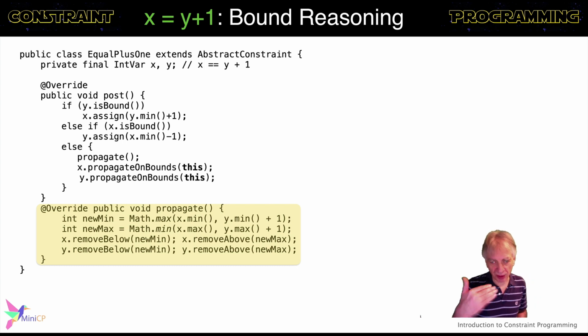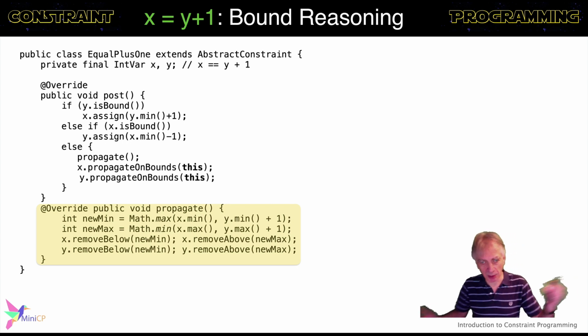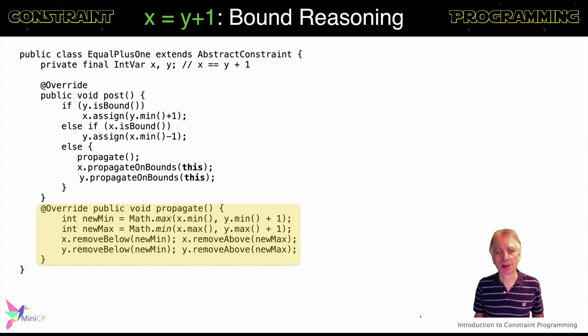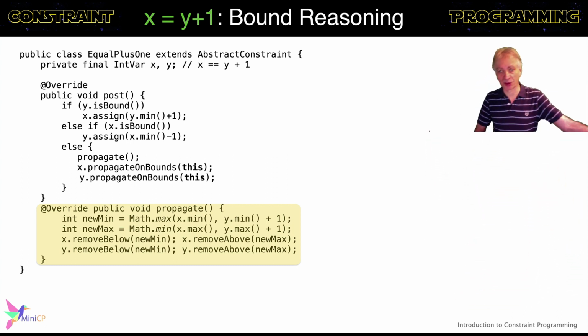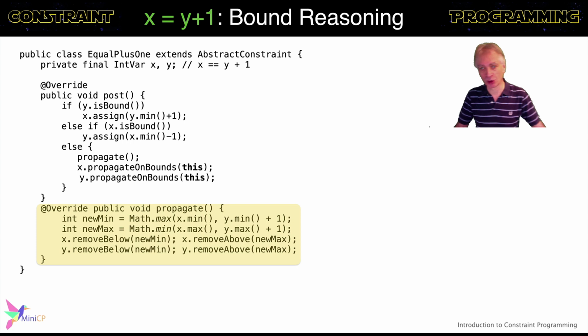So very important, the propagate method is going to be called over and over again every time you modify a bound of x or a bound of y. All right? Good. So now you know how to implement the constraints. It's actually pretty easy. You have a post method to do the initial propagation and link the variables and the constraints, and then you have the propagate method, which really implements the filtering algorithm.